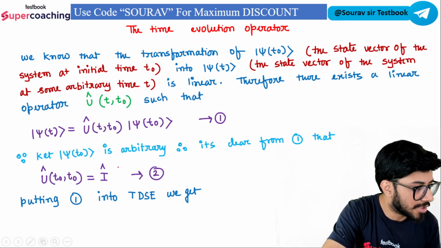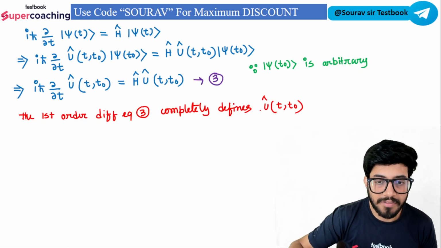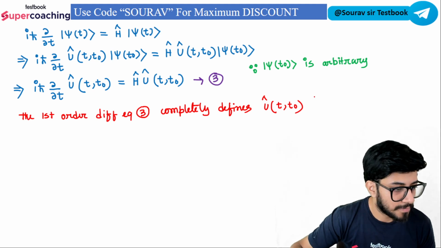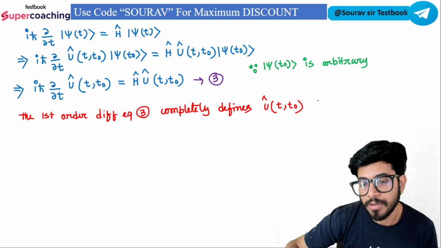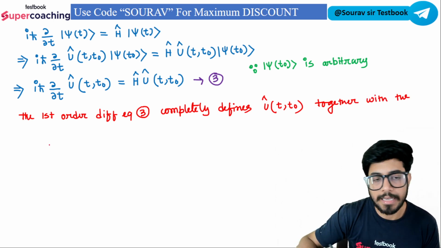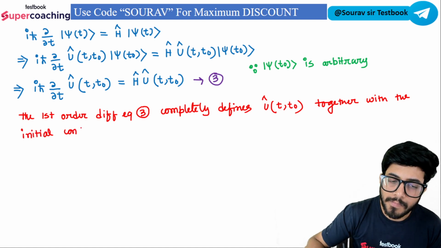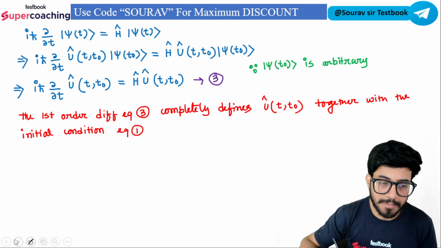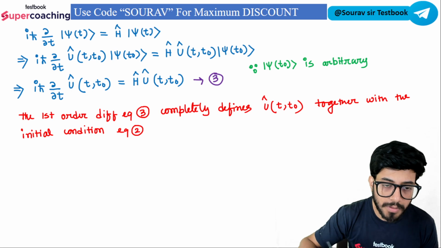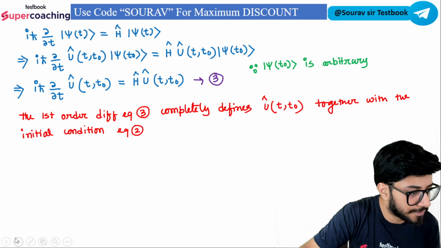So together with the initial condition, equation 2, it completely defines u cap of t comma t0.